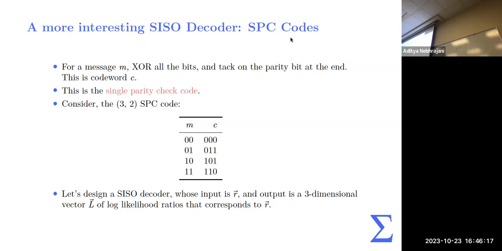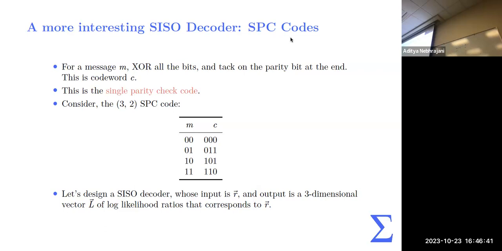Makes sense? So earlier we had the very simple operation of duplication of bits. That looks like addition in the log likelihood domain. So the question is, what does XOR look like? So look at the (3,2) single parity check code. Are you familiar with systematic and non-systematic codes? Okay.